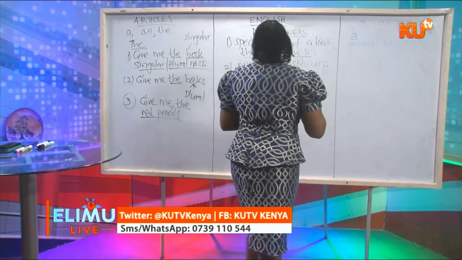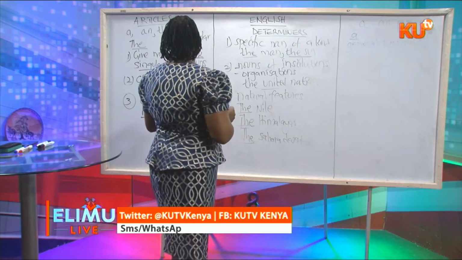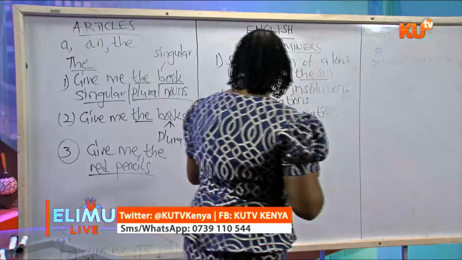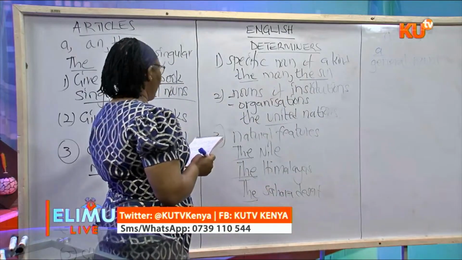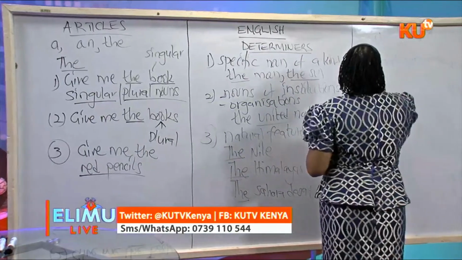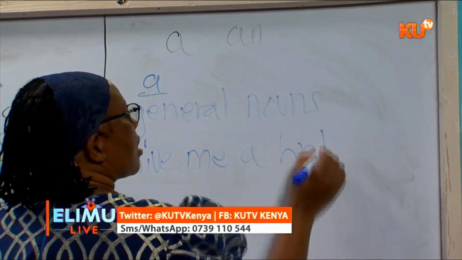Okay, let's take the first example that we had. Give me the books. Now if we replace the determiner there with a, we'll say give me a book.